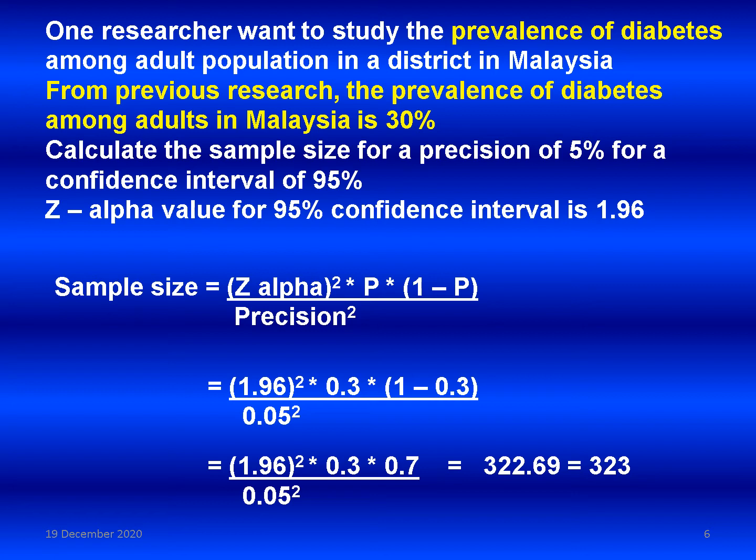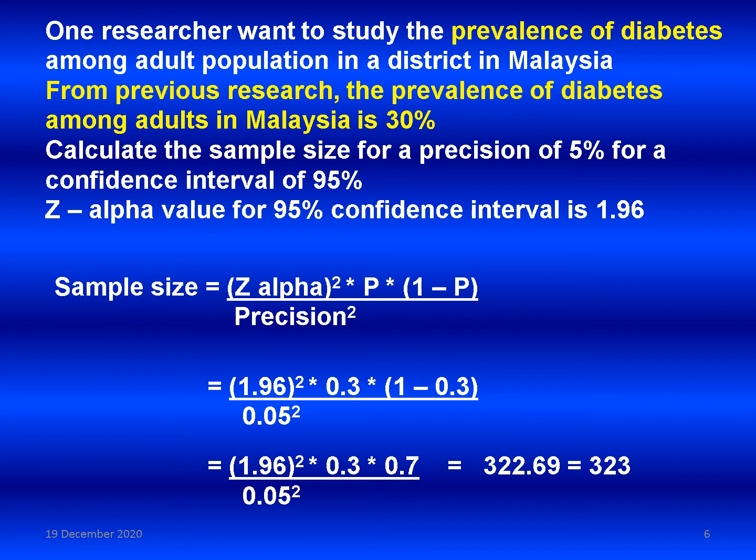Now we can apply these values in the sample size formula. Z alpha squared multiplied by P, the prevalence of the condition, multiplied by 1 minus P, the proportion of not having the disease, divided by precision squared.